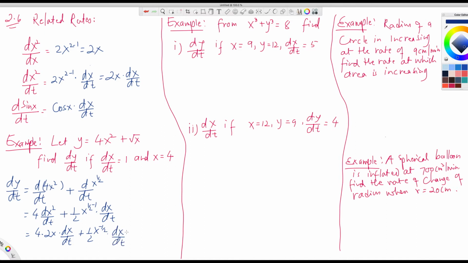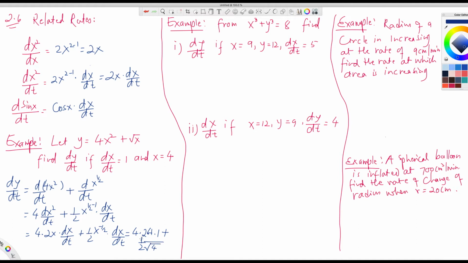Let us simplify that and plug in the values of x and dx over dt. You will get 4 times 2 times 4 times dx over dt, which is 1, plus 1/2 x to the negative 1/2. Moving the negative exponent to the denominator gives root x, and root of 4 is 2.